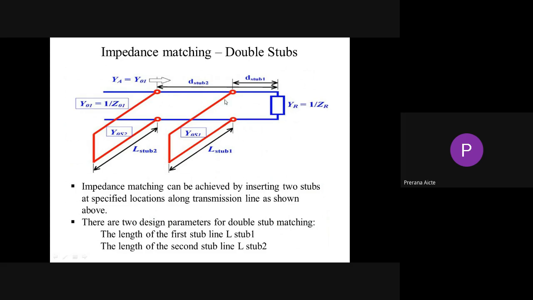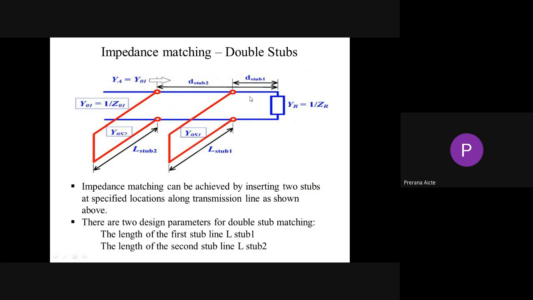The red color indicates the stubs, stub 1 and stub 2. The length of stub 1 is L stub 1 and the length of stub 2 is L stub 2, and the distance from the load is D stub 1 and the distance of the second stub is D stub 2.